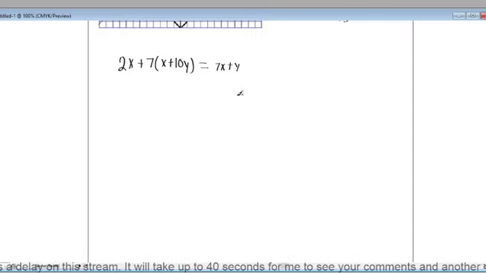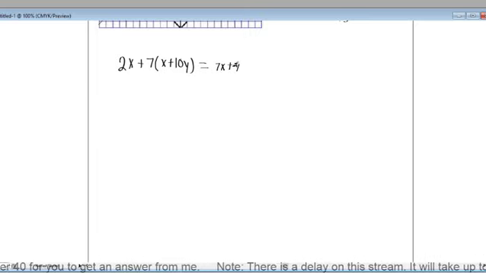Now, sometimes you want them on the same side, sometimes you don't. If I'm going to be graphing it, they're going to be on different sides. However, standard form tells us to put them on one side and then have all of our constants, all of our just regular numbers, on the other side. So let me show you how to do that.